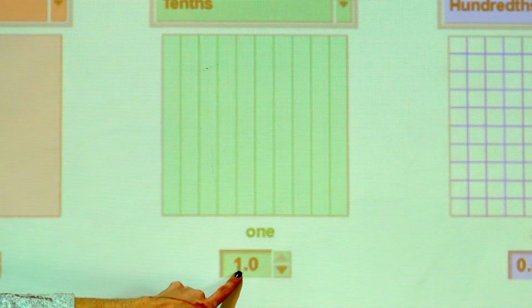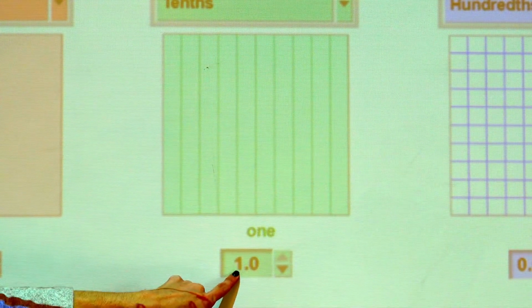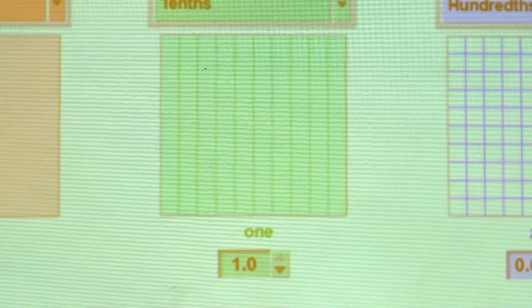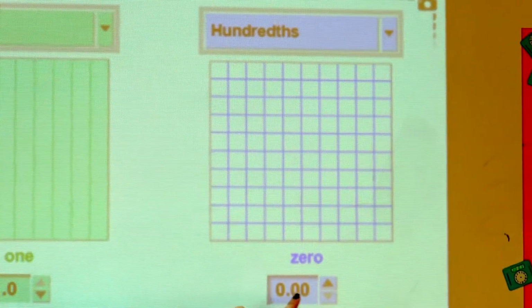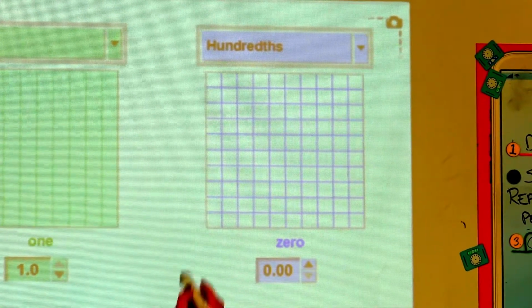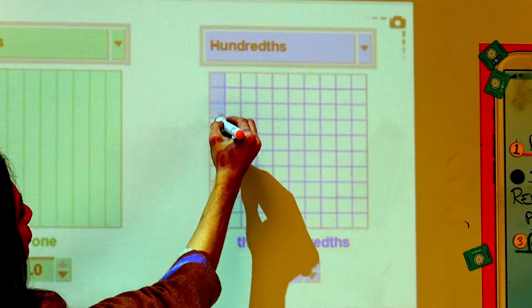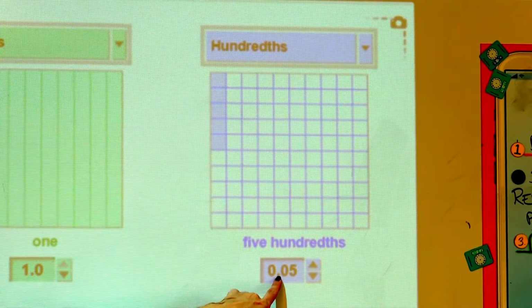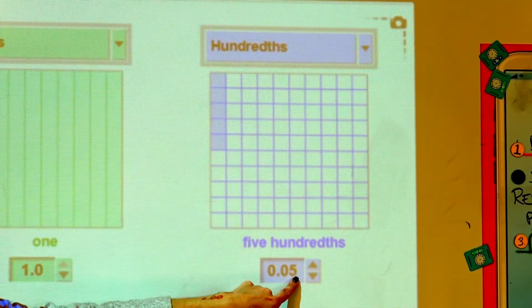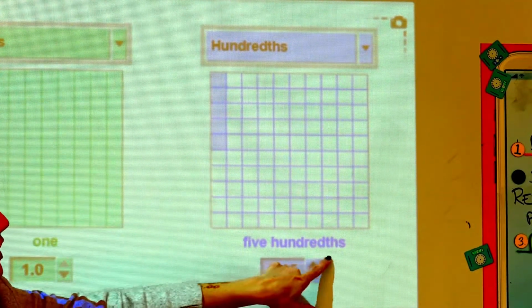Now that's a whole. And over here is our hundredths. That's your hundredths place. 0.05 is 5 hundredths.